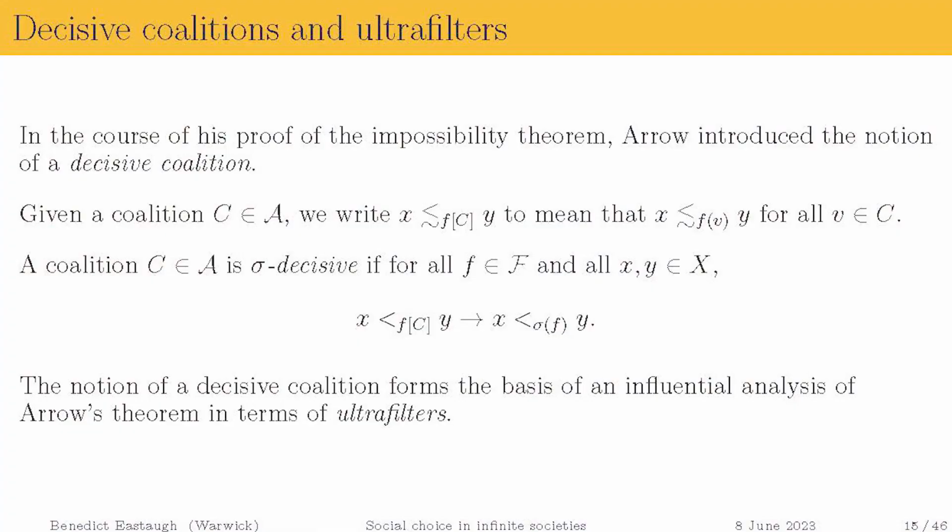Right? So it's just a straightforward generalization of the notion of a dictator or of unanimity. And this notion was used by Kirman and Sondermann in the 70s to basically reprove Arrow's theorem on the basis of this analysis of these decisive coalitions.